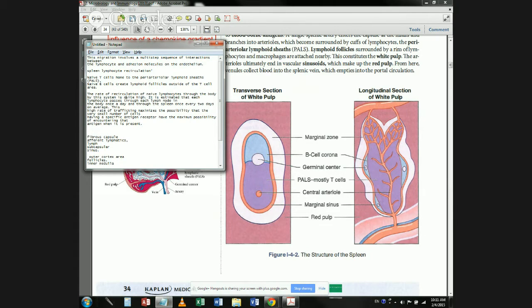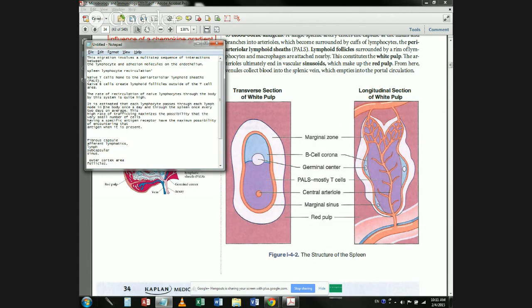It is estimated that each lymphocyte passes through each lymph node in the body once a day and through the spleen every 2 days on average.